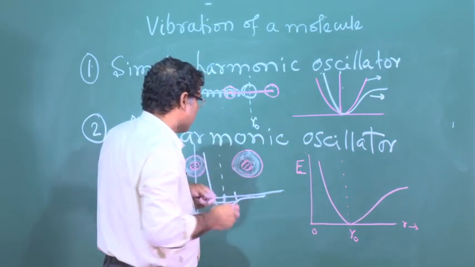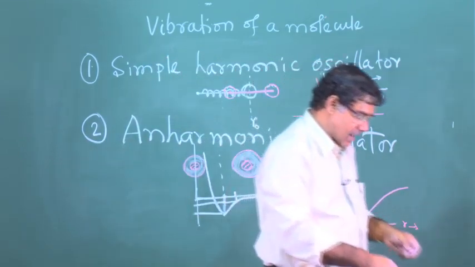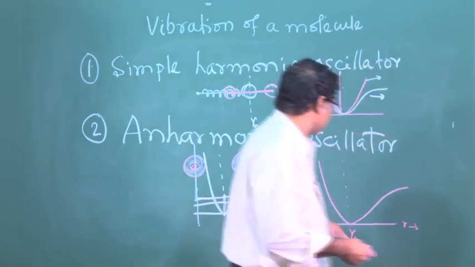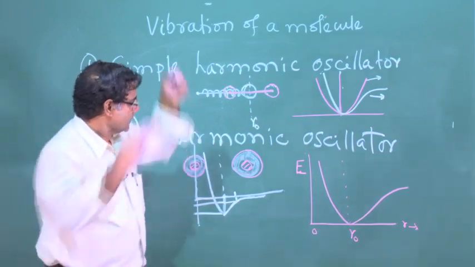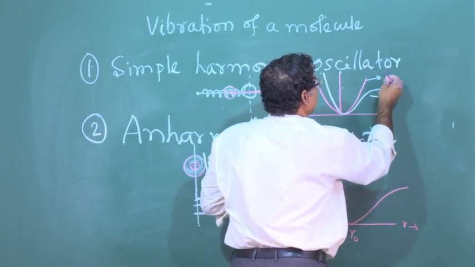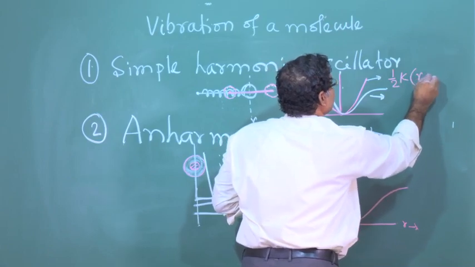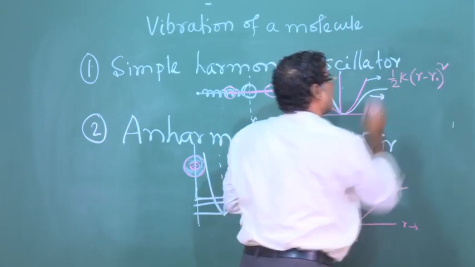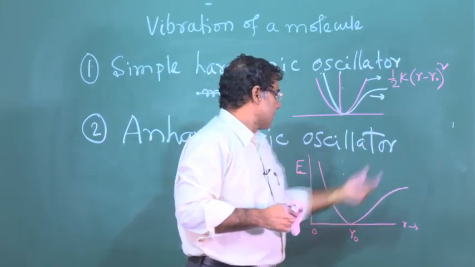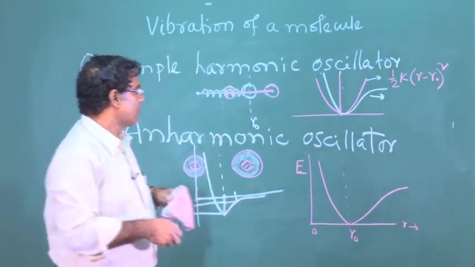Now, for the harmonic oscillator, we have seen the potential energy is half k (r minus r 0) square. Okay. So, that is why it is symmetric. Now, for this anharmonic oscillator, what is the potential energy?